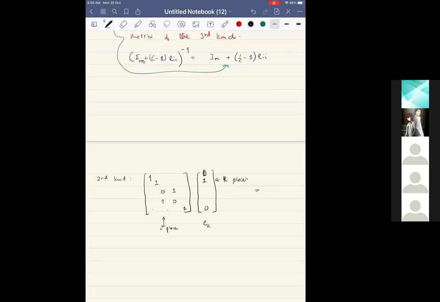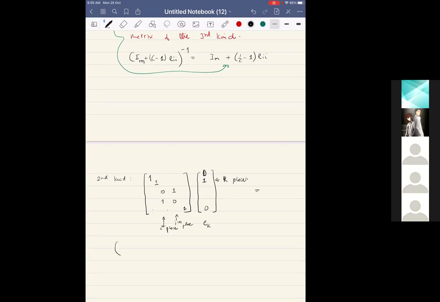If k is not equal to i and k is not equal to j, then the same e_k. Yes. And if k equals i, then it will give e_j.